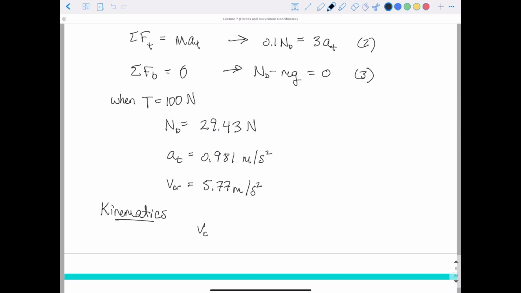So we have our velocity at the end that we want, our critical velocity, equal to our initial velocity, which we said is just starting at rest, so that's equal to 0, plus our tangential acceleration times t. If we solve this, we should get t is equal to 9 seconds.